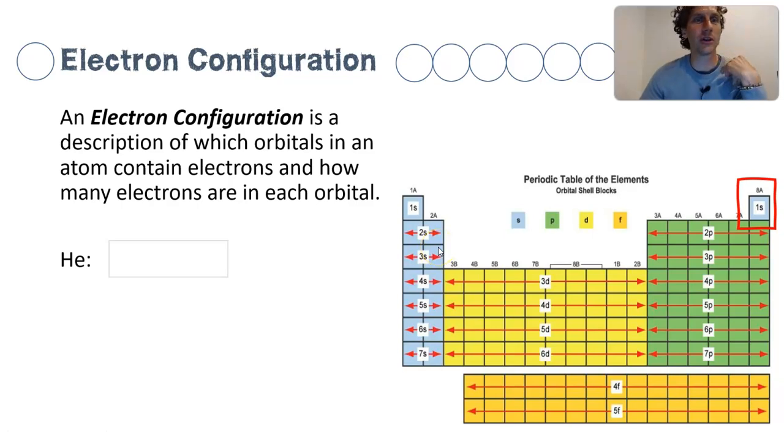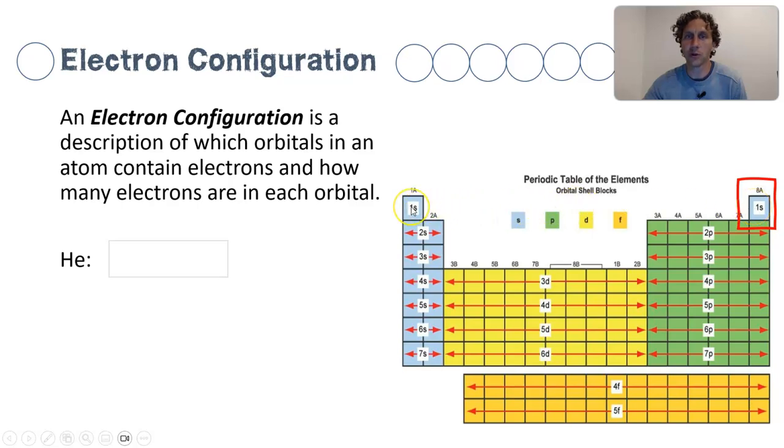And so we can do an electron configuration, and that's going to be a description of which orbitals have electrons and how many electrons are in each orbital. So if we think of helium, helium is way over here. The second atom, second element in the first row.